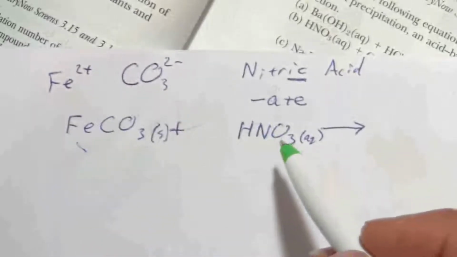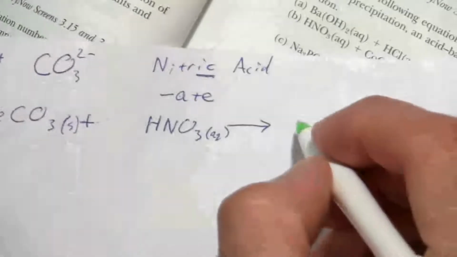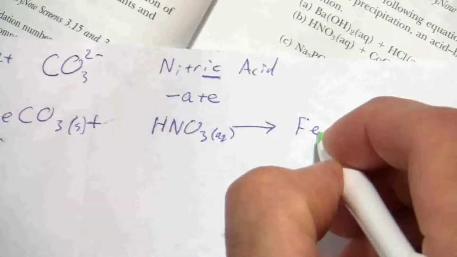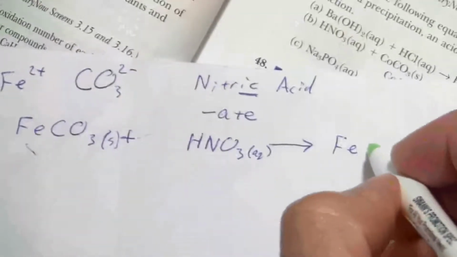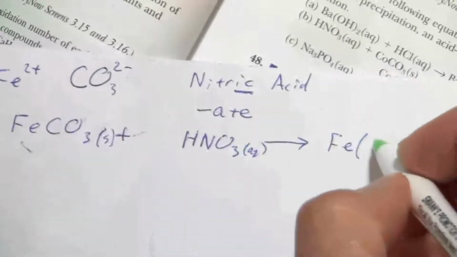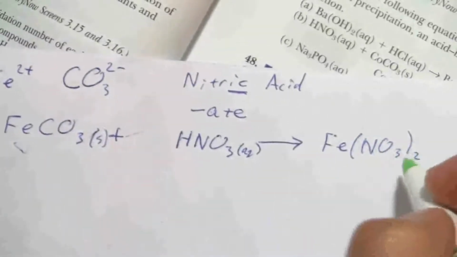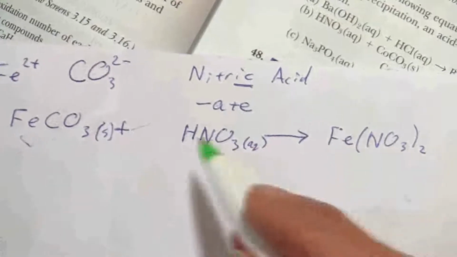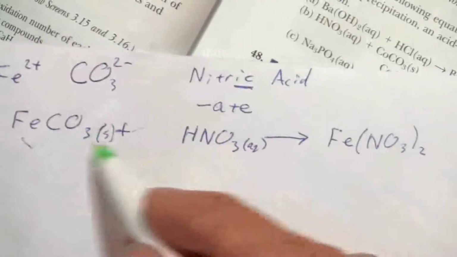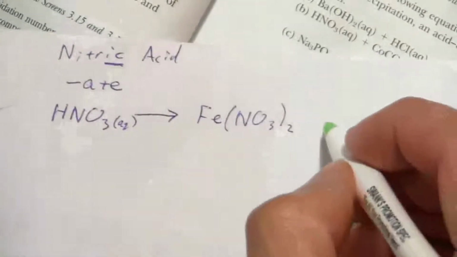And so what are my products? Iron will switch partners and become iron nitrate. Iron(II) nitrate, we're going to keep that same charge. Nitrate is a -1, so I need 2 nitrates to balance out the +2 charge of the iron. And then on the other hand, I get hydrogen with my carbonate.